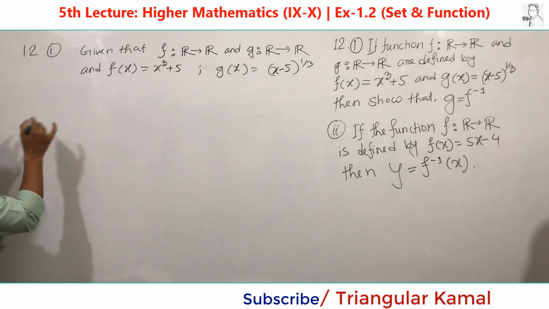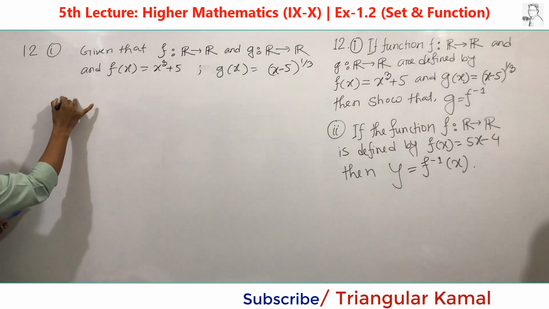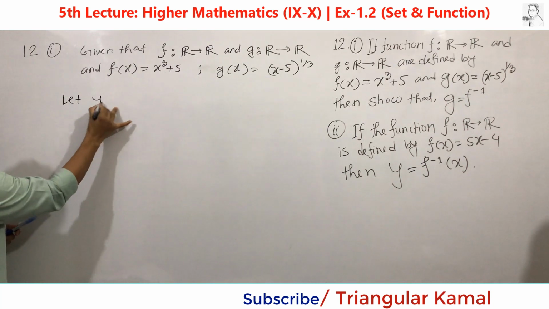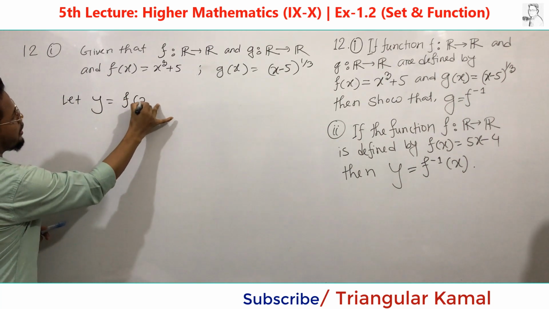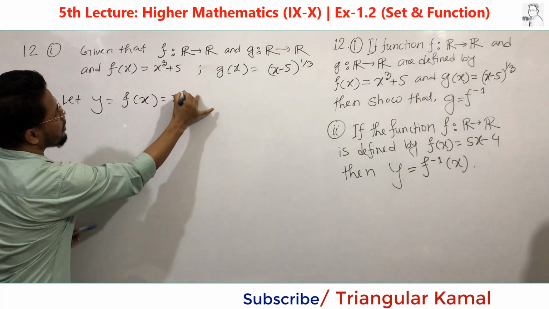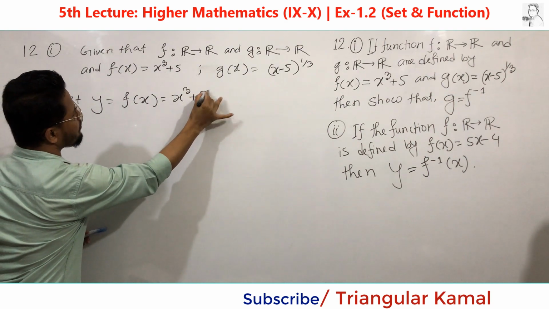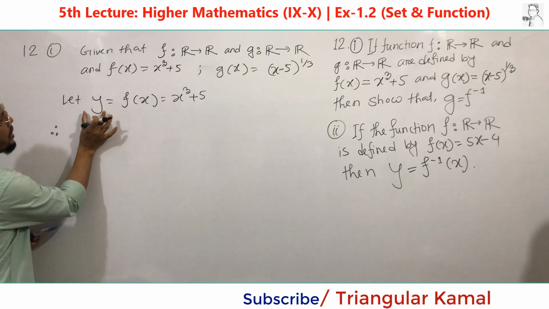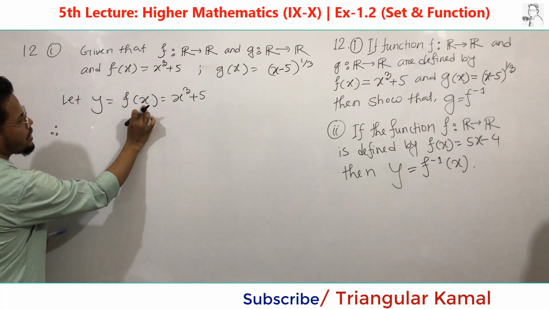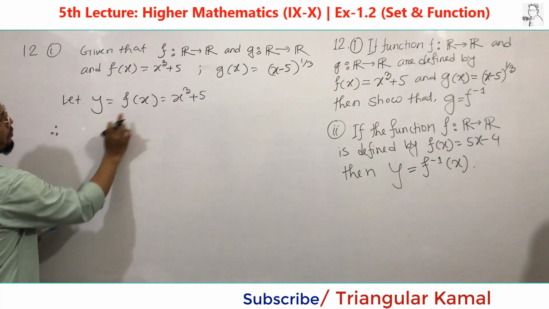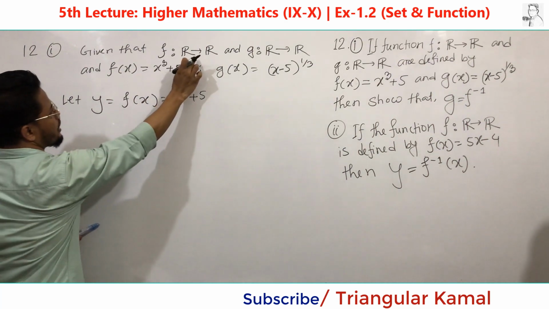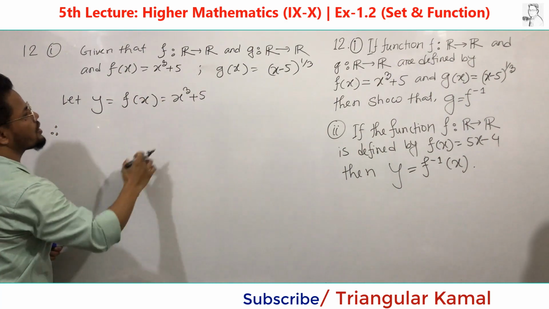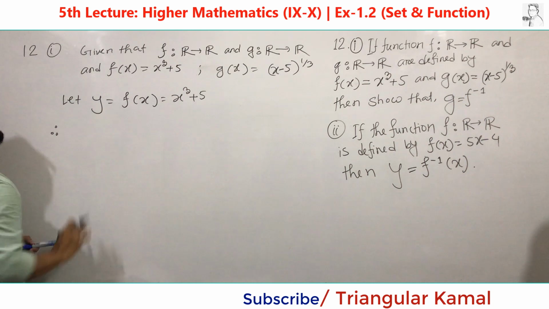So let y equal f of x equal x cube plus 5. Here we can say this one indicates the range, and this one indicates the domain. For different values of x in the domain, we will get different values, which are indicated by y.